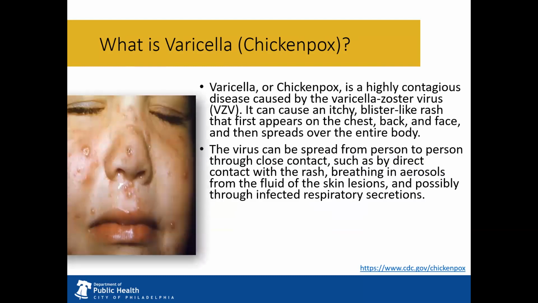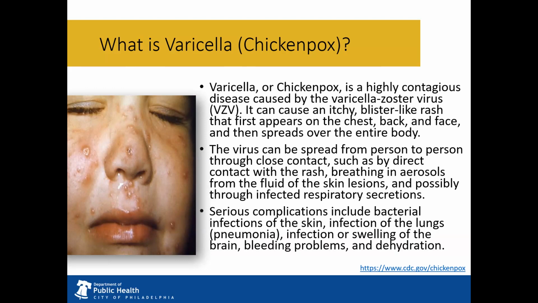The virus can be spread from person to person through close contact, such as by direct contact with the rash, breathing in aerosols from the fluid of the skin lesions, and possibly through infected respiratory secretions. Serious complications include bacterial infections of the skin, infection of the lungs, infection or swelling of the brain, bleeding problems, and dehydration.